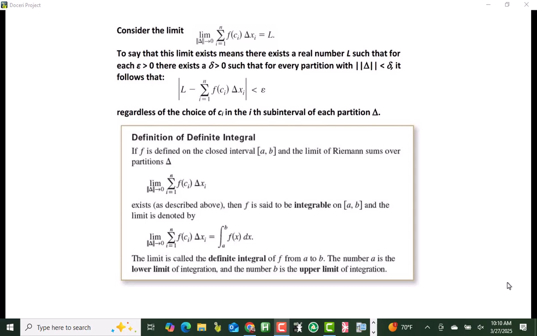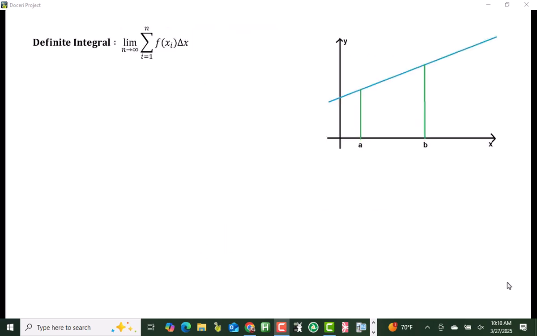Okay, you can read over that. Let me give you a different view of it, maybe. So I'm going to change that as the norm goes to zero to n is going toward infinity. And I just sketched a little graph over here. And here's what I'm going to do.